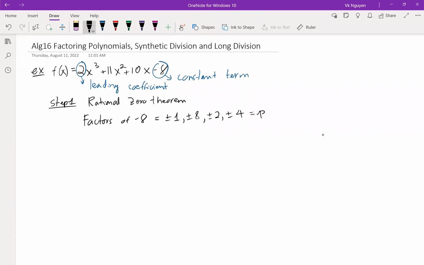And these are the P. The factors of the leading coefficient 2 are plus or minus 1, plus or minus 2.